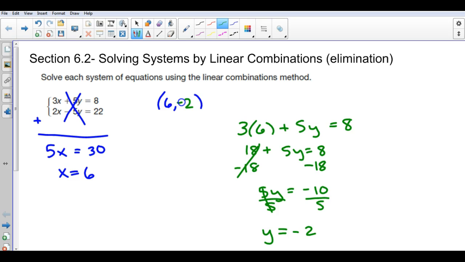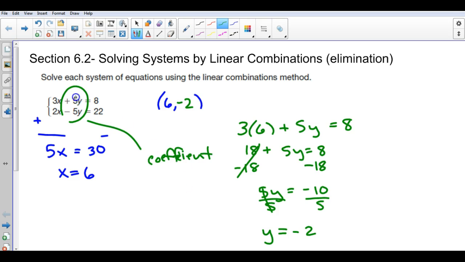So it seems like in that example it would be a lot easier to use elimination than substitution, but that's only because our y is eliminated right away. So let's talk briefly about why that happened. If you remember, that number in front of a variable is called a coefficient.